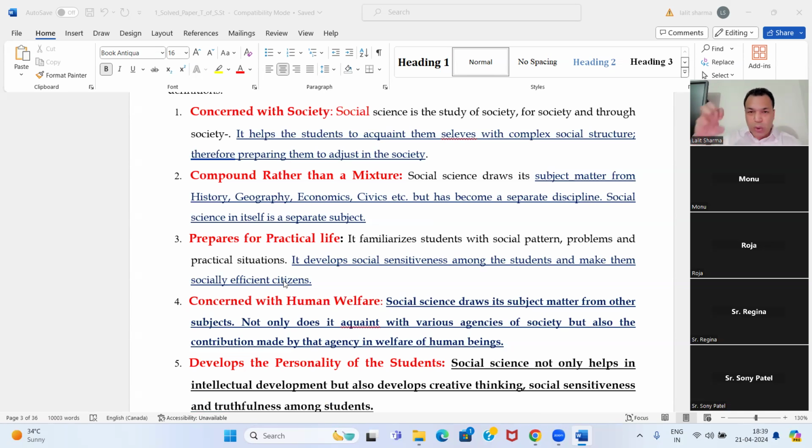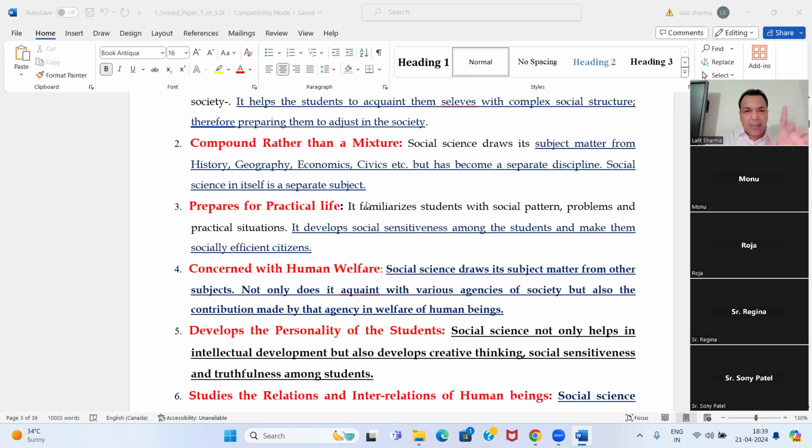Social science का जो curriculum होगा, topics होंगे उसके, they are derived from history, geography, economics, and civics. But social science has become a separate discipline, in itself a separate subject. Although it contains some topics of history, geography, economics, civics, it is a separate discipline.